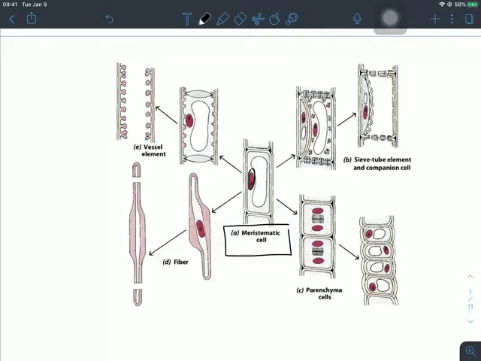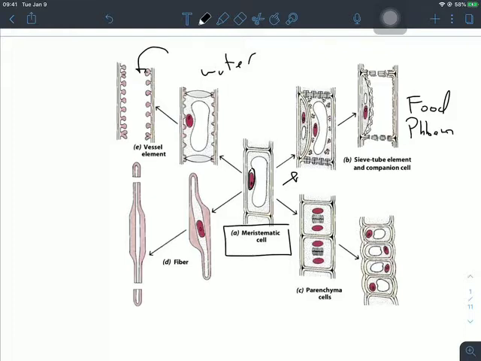But then you start getting really weird looking cells based on subfunctionalization. You can have cells that traffic food in the phloem. More about those in a second, and for a large portion of the class. You can have cells that transport water, that ultimately end up losing their nuclei, losing their plasma membranes.